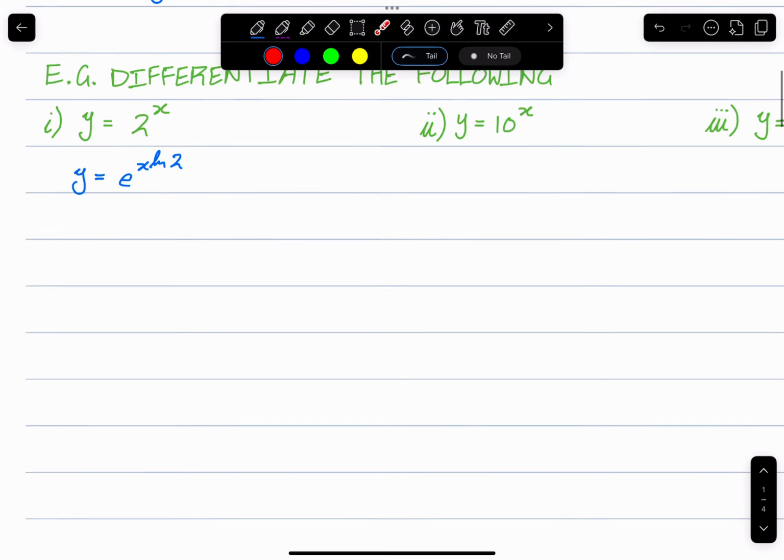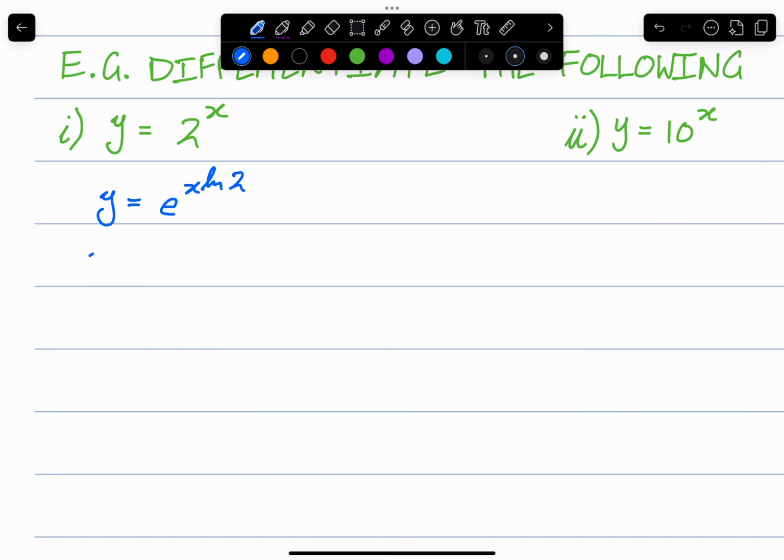And so the derivative of this one now is going to be y prime equals e to the x ln 2, it's always itself, multiplied by the derivative of x ln 2. In this case, it's times ln 2, e to the x ln 2. And that there is our derivative.